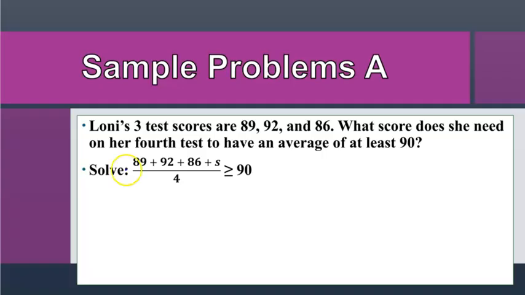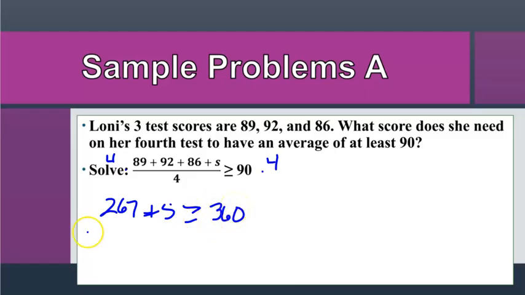So the first thing we're going to do is multiply by 4 on both sides just to get rid of our denominator. And then I'm going to combine like terms at the top. And 89 plus 92 plus 86 gives us 267. So I have 267 plus s is greater than or equal to 360.